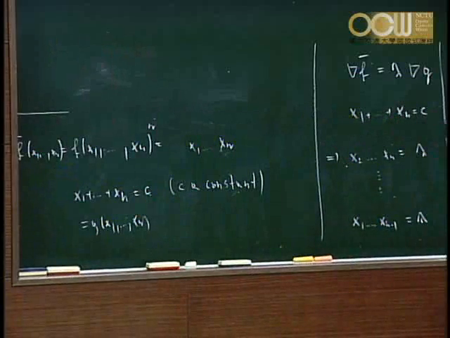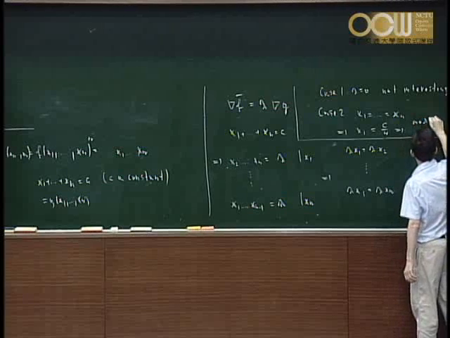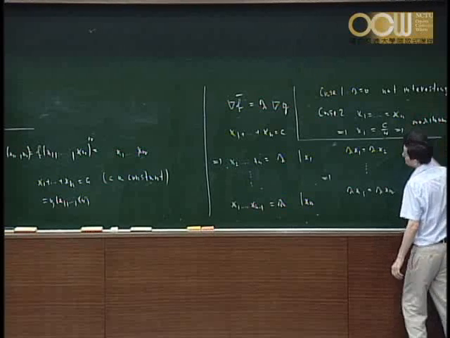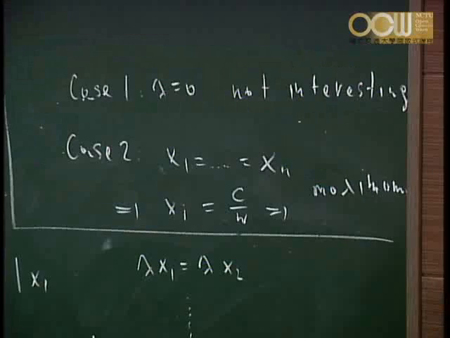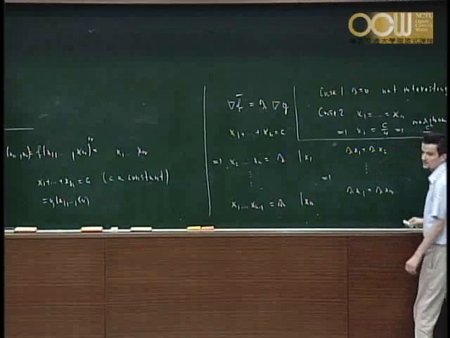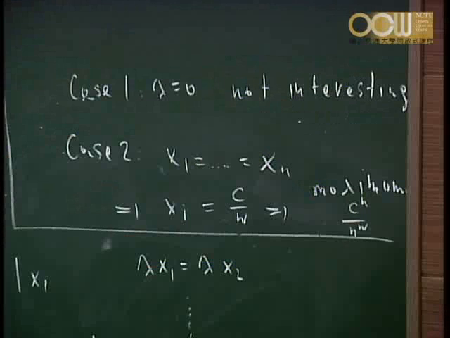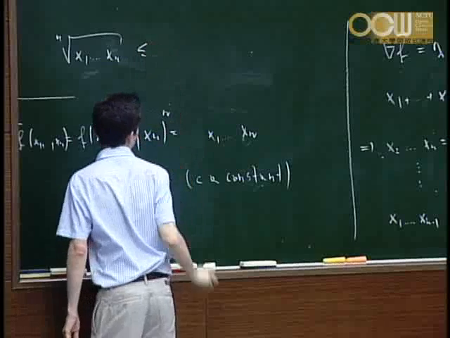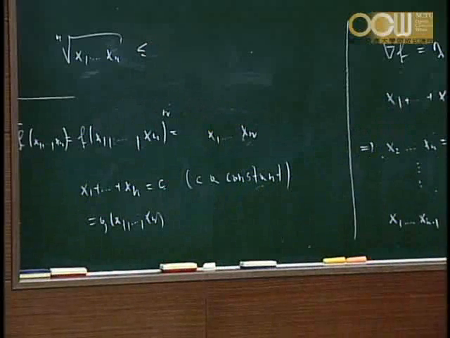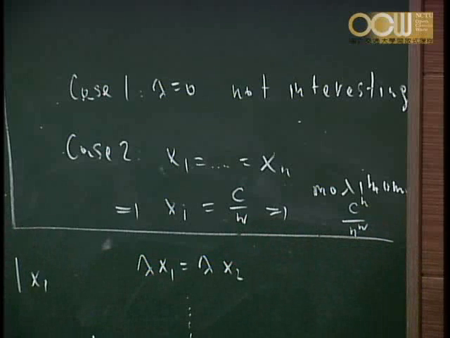For this choice, the maximum is given by c to the n over n to the n. So you see that the nth root of x1 up to xn is smaller or equal than the nth root of this maximum, so c over n, but c was x1 plus and so on plus xn.